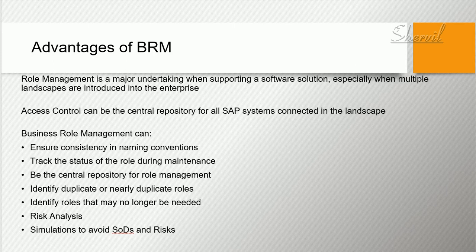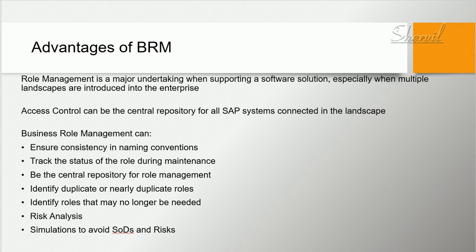Or if there is a pattern to the roles, you can maybe do a mass maintenance, but still it is going to be a manual process. Because of that, the maintenance of role attributes will be very, very high, because of the manually oriented process.